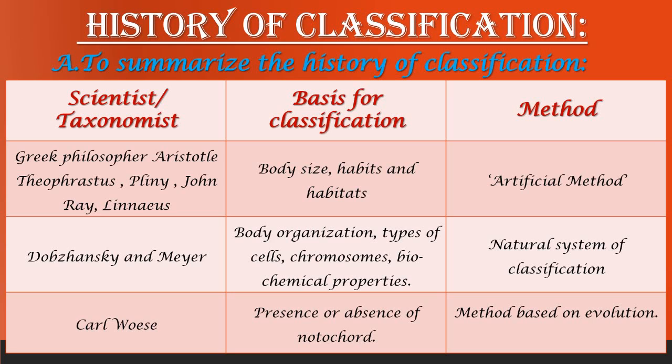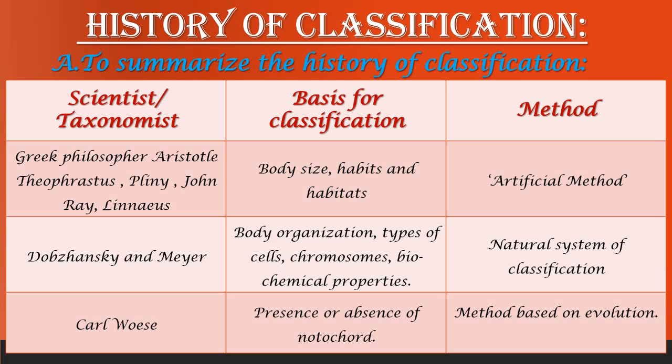Later on, the natural system of classification was followed, and it was used by Dobzhansky and Mayr. The natural system of classification was based on various criteria like body organization, types of cells, chromosomes, biochemical properties, etc. Then after the natural system, the system of classification based on evolution was also brought into practice.